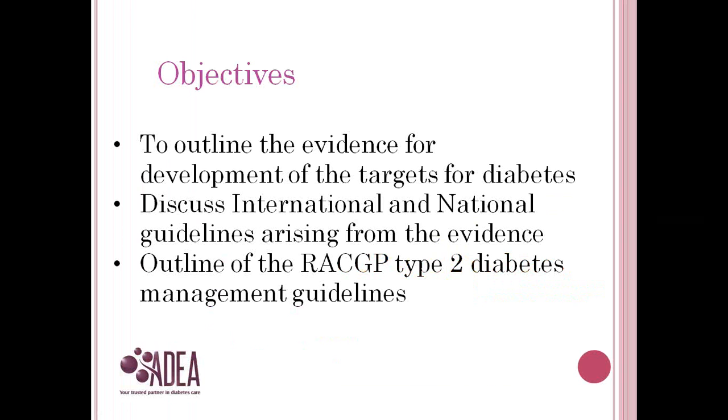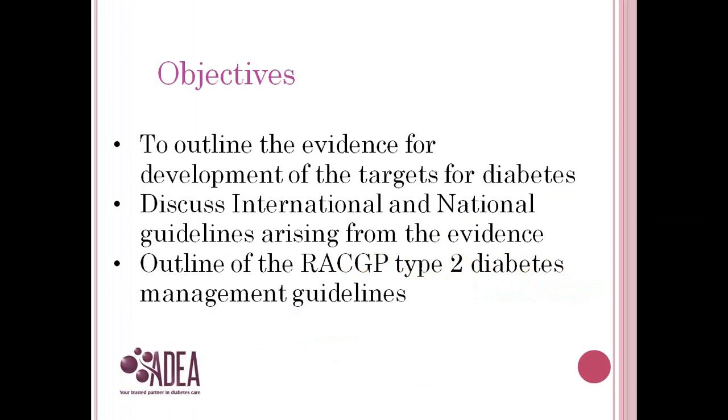I do have to acknowledge that no guideline is completely always correct, and that they're a living document, and we encourage feedback, which is available through the RACGP website, or even if you write a letter care of the RACGP, at some stage that will get to me.